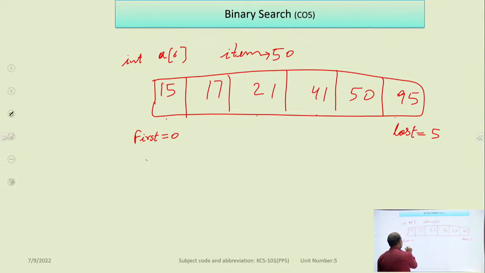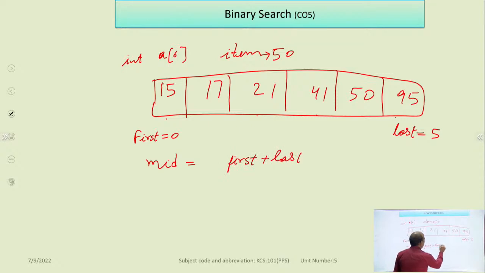So we will find the mid index. To calculate the mid index, we compute first plus last divided by 2, and since these indices are of integer type, the result is also an integer. Here, first plus last means 0 plus 5 divided by 2, which gives 2, not 2.5, because integer divided by integer results in an integer, so the 0.5 is truncated and the result is the integer part only, which is 2.